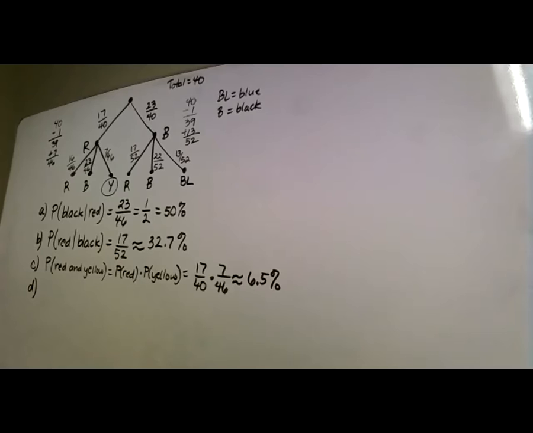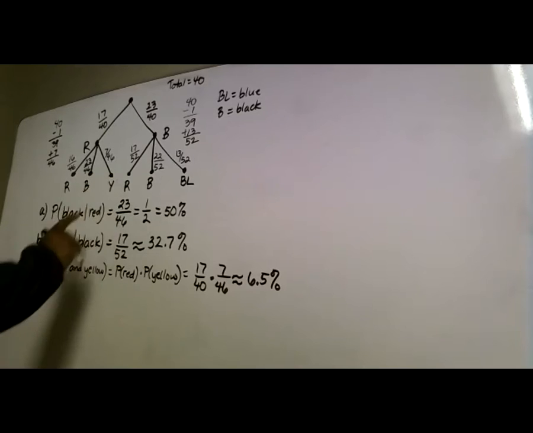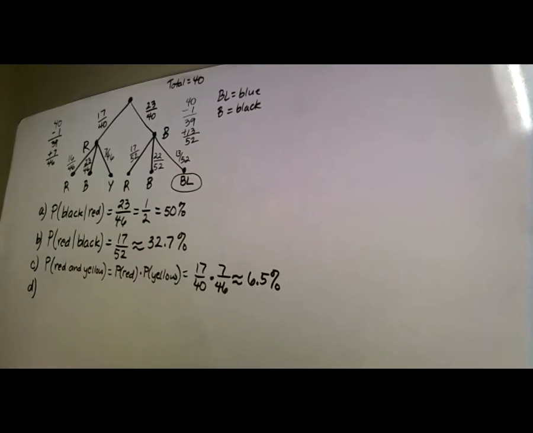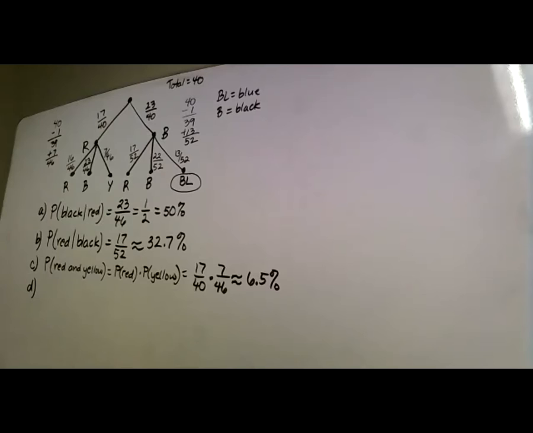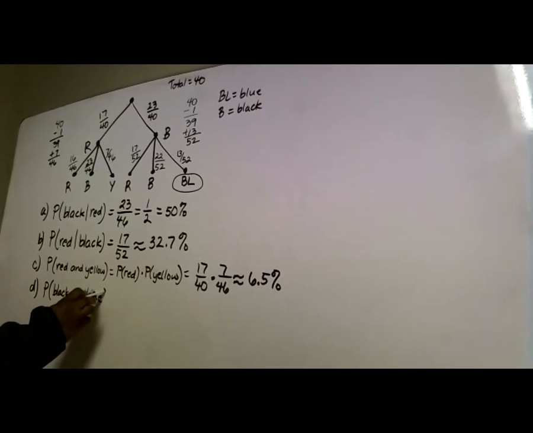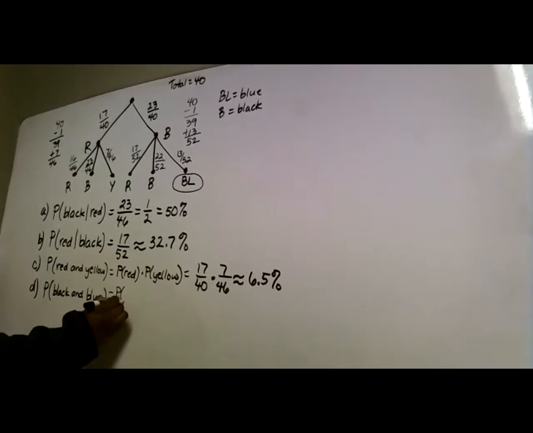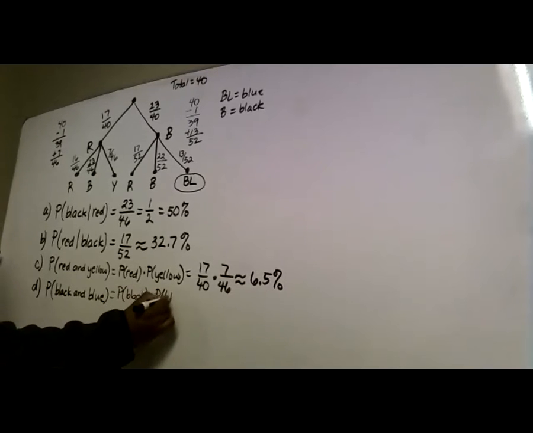And then part D is the probability that the second marble is a blue marble. The second marble is a blue. Now let the L be blue. So this is what I'm looking for. To get to a blue marble, I have to find the probability of a black marble and the probability of a blue marble. So it's the probability of black and blue. Probability of a black multiplied by the probability of blue.